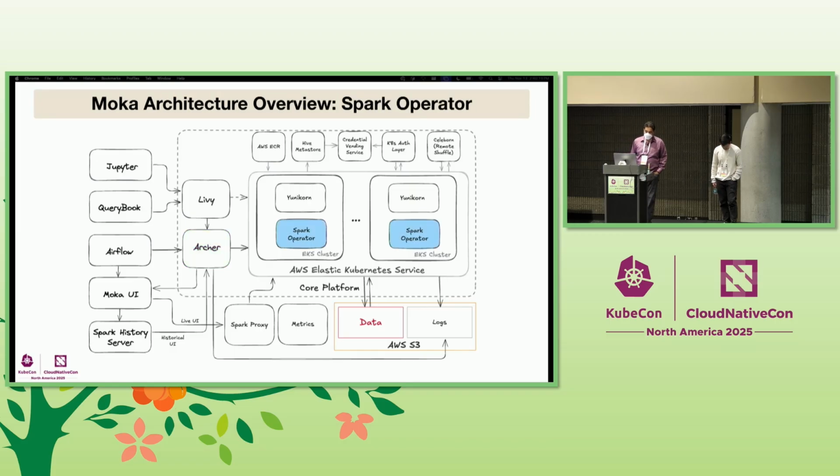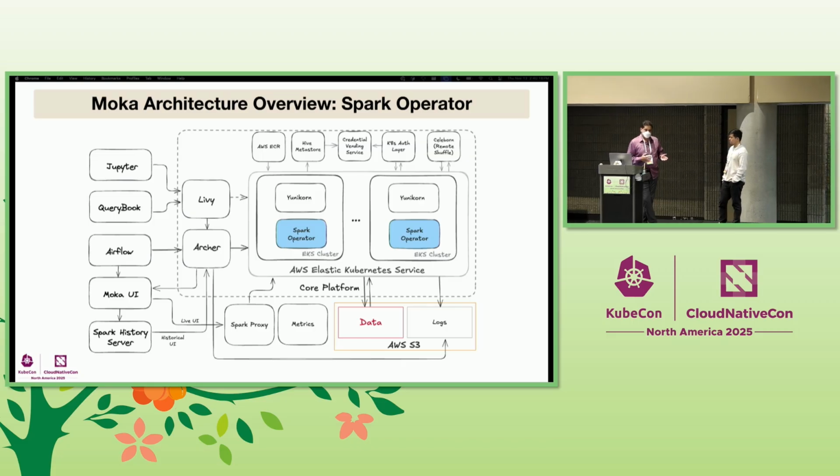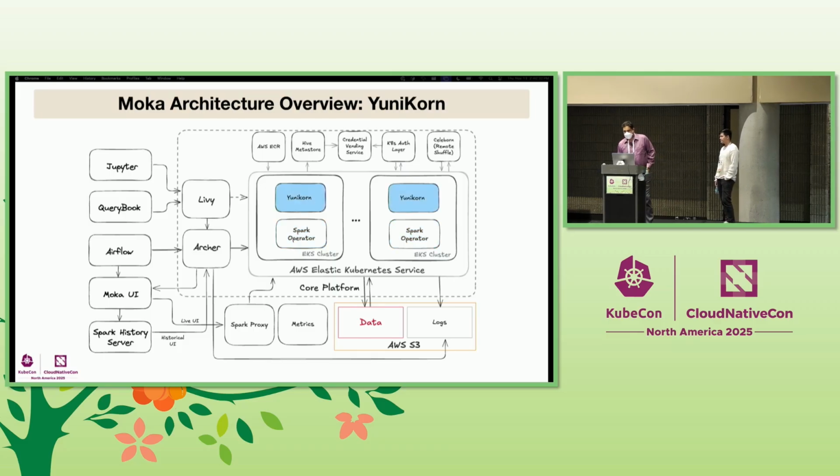So within the EKS cluster, we have the Spark operator running, which is a CNCF project. And what that will do is it'll take the CRD, translate that into the right kind of Spark driver pod, which will then talk to Apache Unicorn.